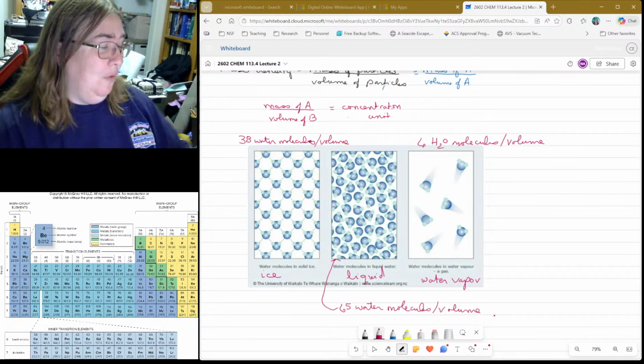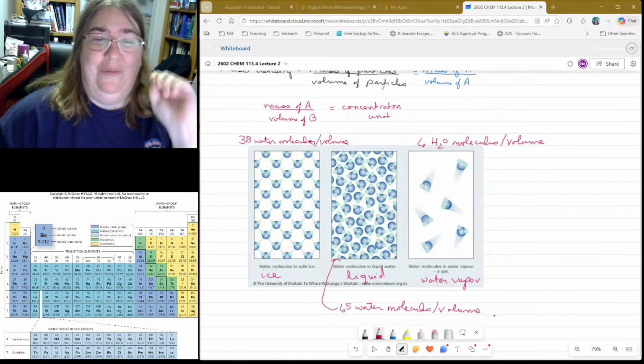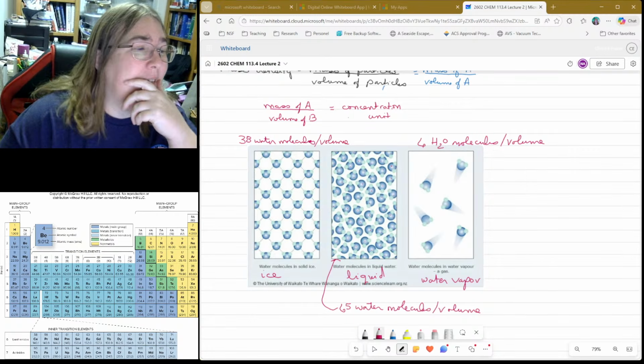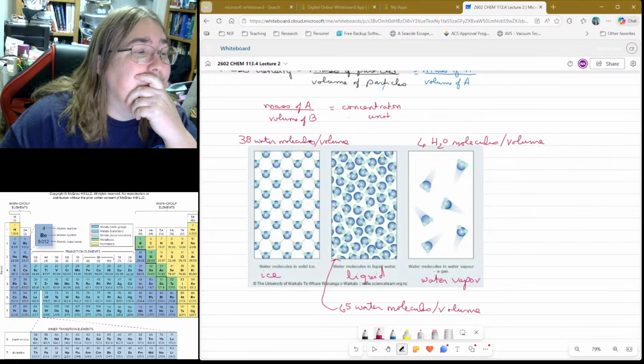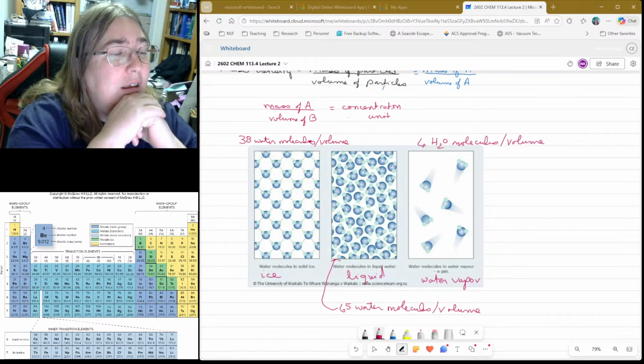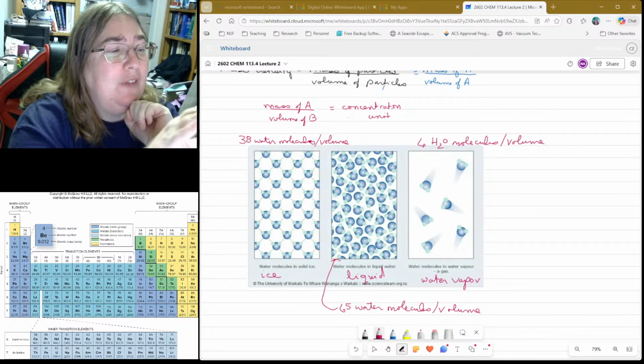What's the other thing you notice about these three pictures? Is there something else that you guys notice about these three pictures? Look at how the water molecules are oriented. What's unique about ice in comparison to both liquid and the vapor?